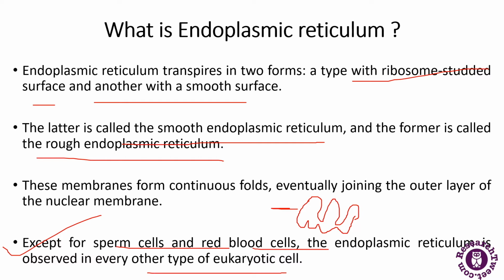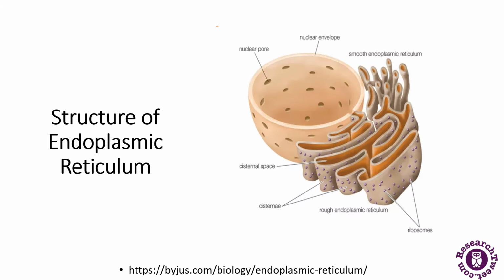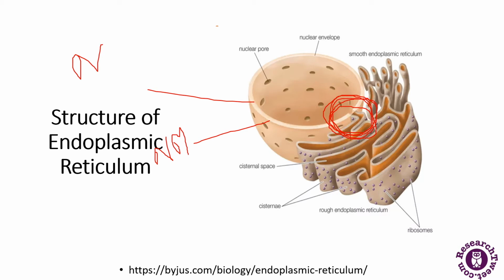Now next we will talk about the structure of endoplasmic reticulum. As you can see in the structure itself, this is a nucleus, and this is the nuclear membrane. The endoplasmic reticulum is attached to this nuclear membrane, and further there are continuous folds of the membrane.